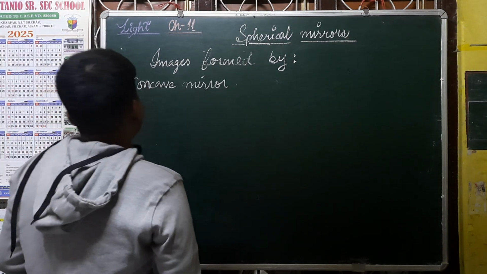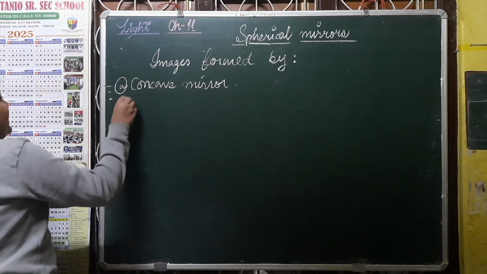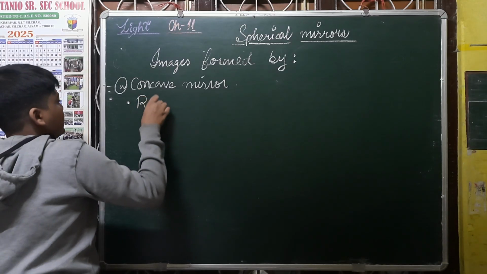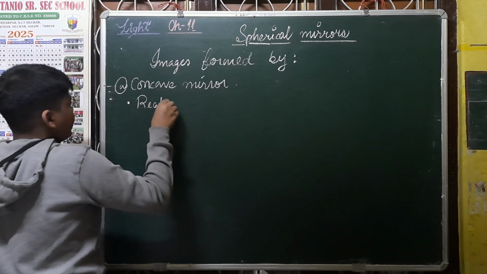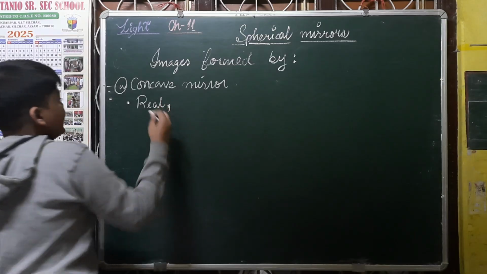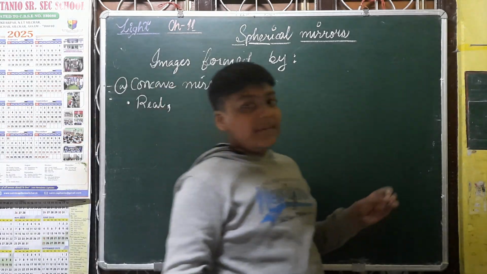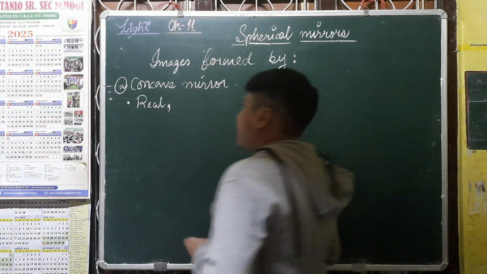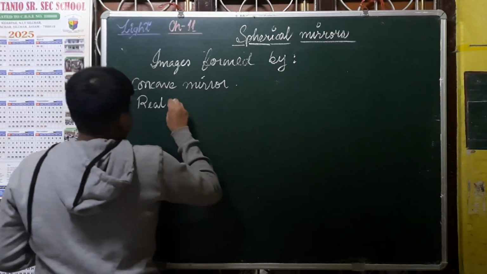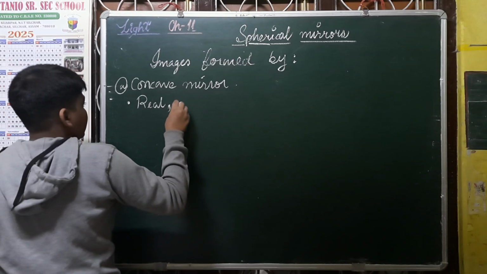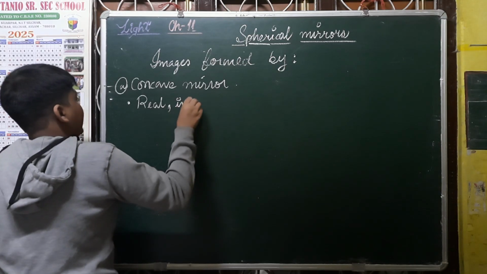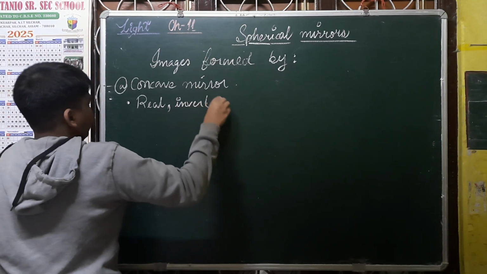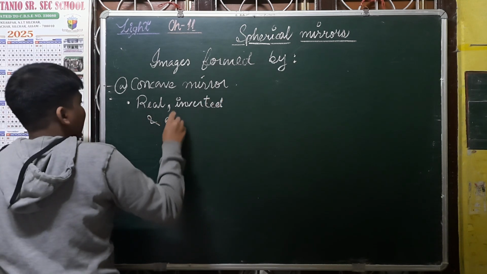The concave mirror always forms a real image. What is a real image? The image which can be taken on a screen is known as real image. Inverted and enlarged.